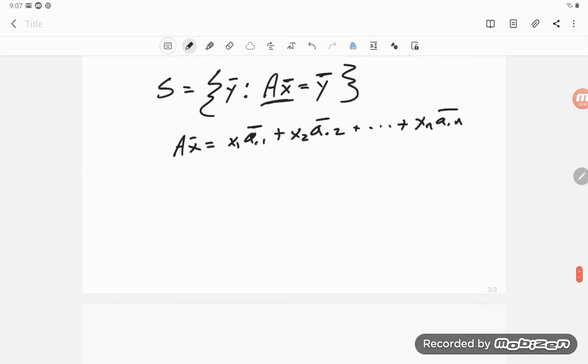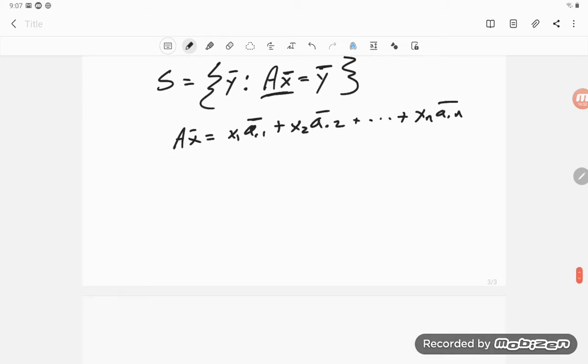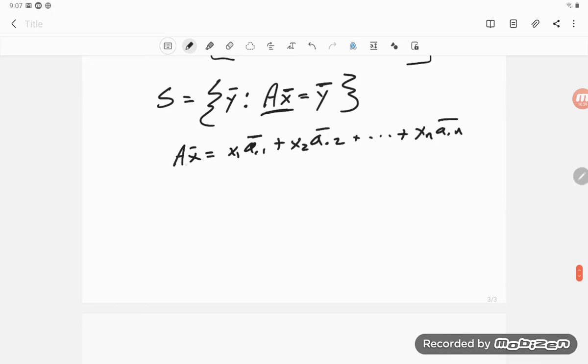So something like that is linear combinations of the columns, and that's what happens when I multiply on the right by a vector, when I take A times X like that.